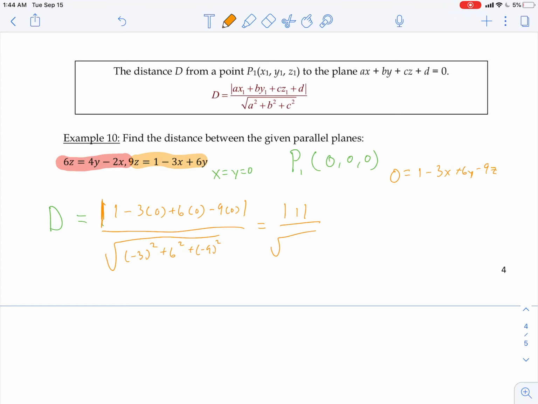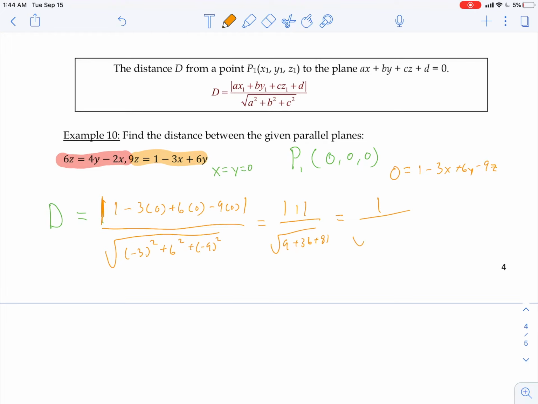In the denominator, we take the square root of 9 plus 36 plus 81. The magnitude of 1 is just 1, and we have that over the square root of 126. That simplifies to 1 over 3 square roots of 14. And so there's our distance.